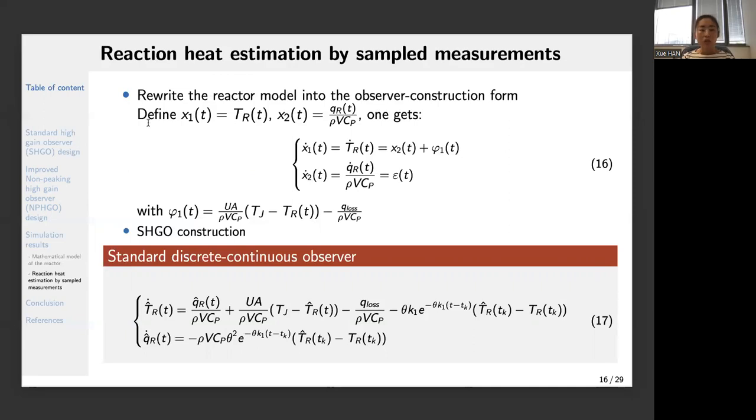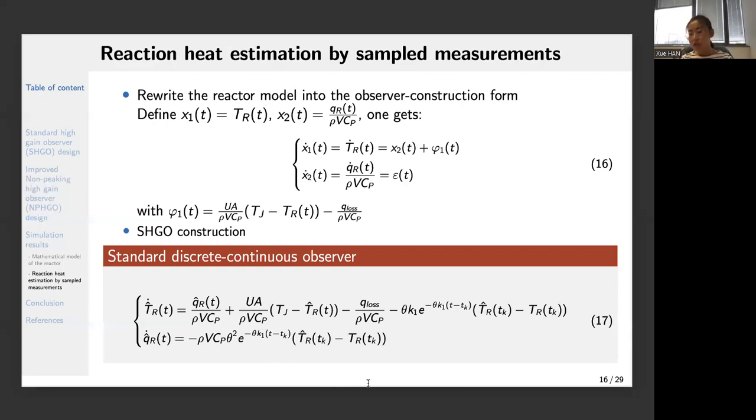We define the state x1 equal to the reactor temperature TR. For the state x2, we consider QR divided by rho V Cp as the uncertainty, or the unknown function, of the system. For the rest of the nonlinear functions, we put them all in the function phi 1. So we can construct our observer.